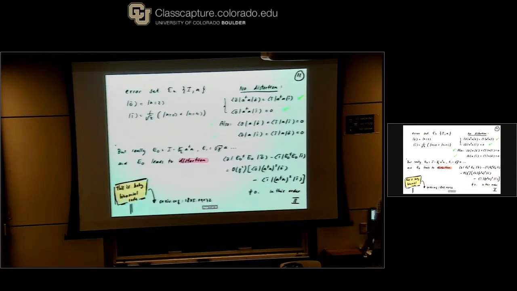Okay, so let's look at some bosonic code examples. Okay, so the error set is the following.